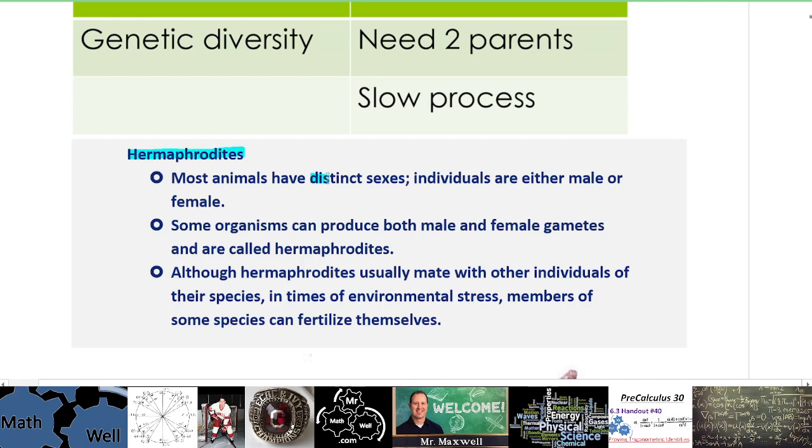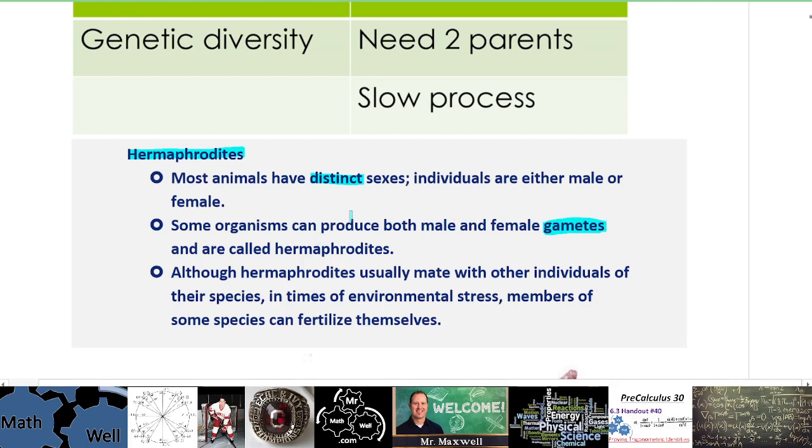Again, other factors would characterize the organism sexually, not just the gametes it produces, but some organisms can produce both the male version and the female version of gametes.